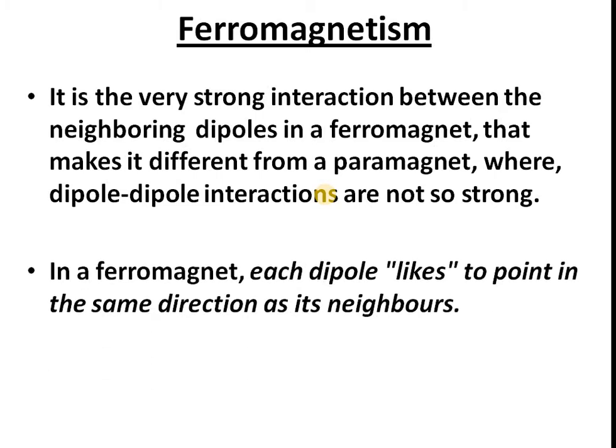In fact, we say that in a ferromagnet, each dipole likes to point in the same direction as its neighbors. They are just looking at the neighbors. Whatever they do, they are imitating it. Just like the students in an assembly, when the leader says 'assembly, attention', all the students come into a straight, upright fashion.